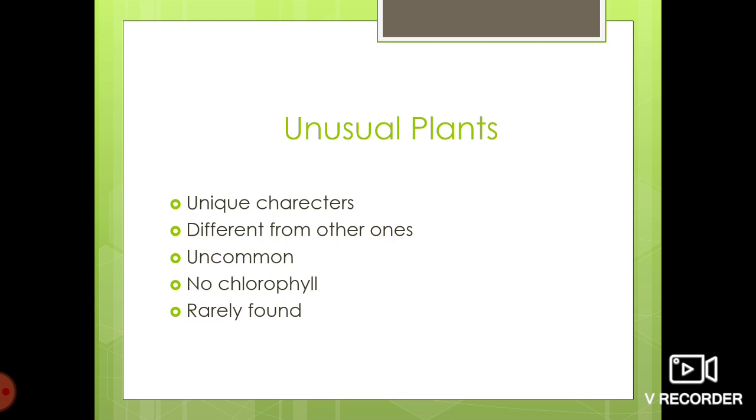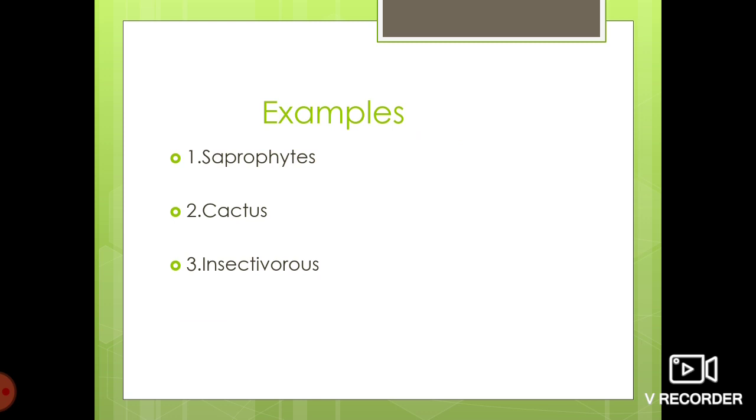Unusual plants are the plants that show unique characters and are quite different from other plants. Like they don't have chlorophyll, they are uncommon and are rarely found. Some examples of unusual plants are saprophytes, cactus and insectivorous. These are the examples of unusual plants.